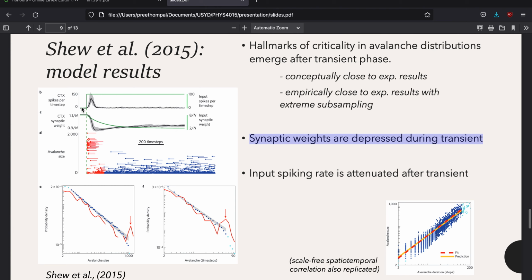And then in the top figure, we see that input will be stepped up because that's stimulating the onset of visual stimulus, but the spiking rate of the recurrent neurons follows this bump and then attenuates, and so returns to this baseline spiking rate.